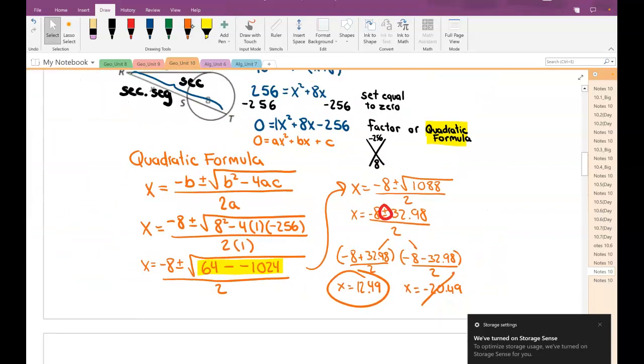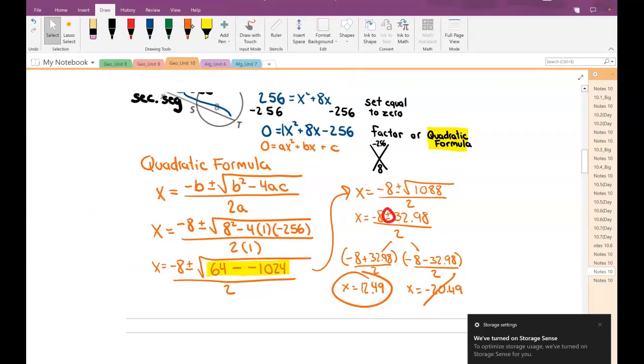So big picture, the formula is the easy part. Going through this is the tough part. What's in orange here, on the test you don't have to go through and use the quadratic formula. However, on the homework, you may have to do it, I think you have to do it once. Other ones you can just factor.